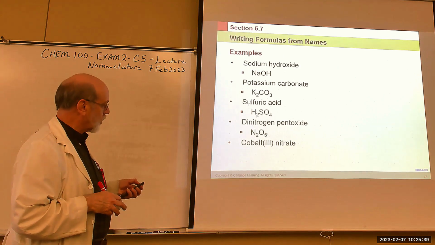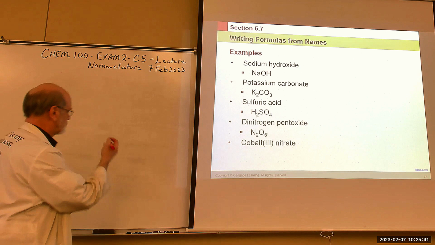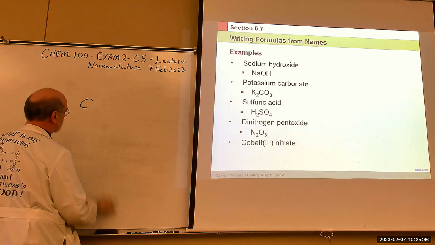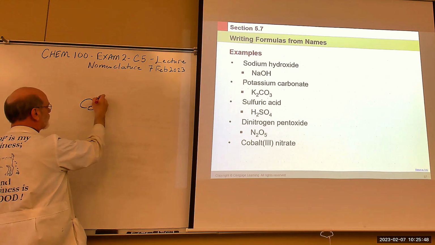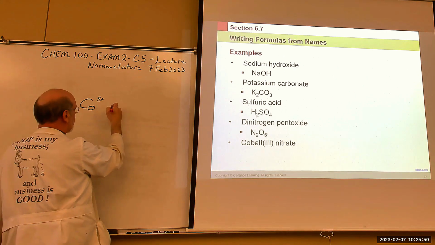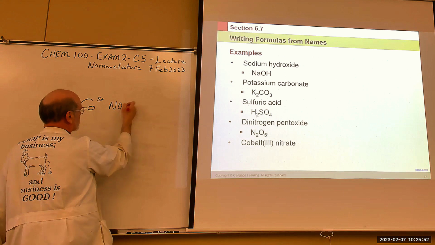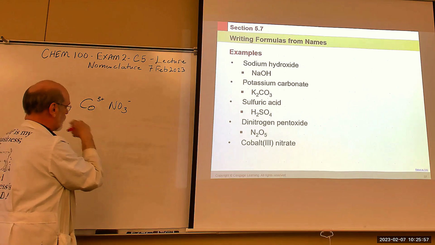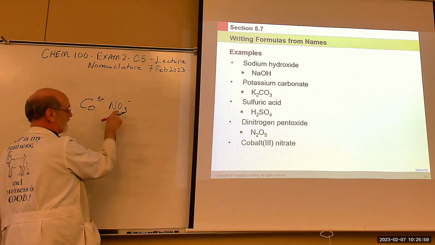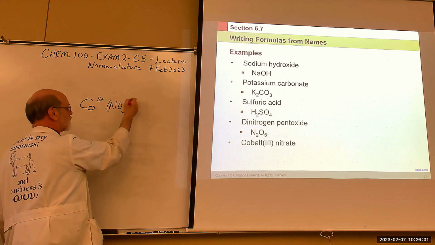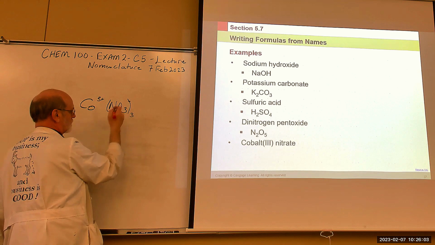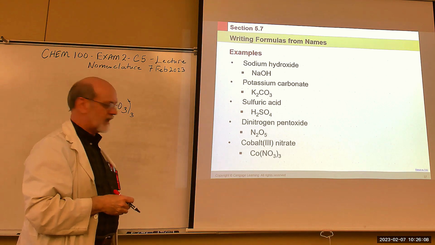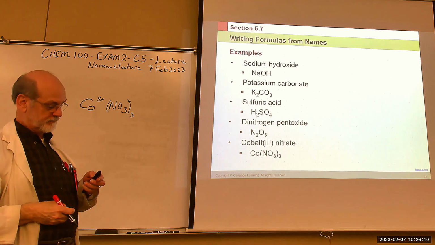We're given that the cobalt has a 3+ charge. Oops, is that right? Little o. Cobalt has a 3+ charge, and nitrate has a 1- charge. So how are we going to get 3 minuses out of this? That's a polyatomic. You have to use parentheses. There. So we need big C, little o, and NO3 taken 3 times.